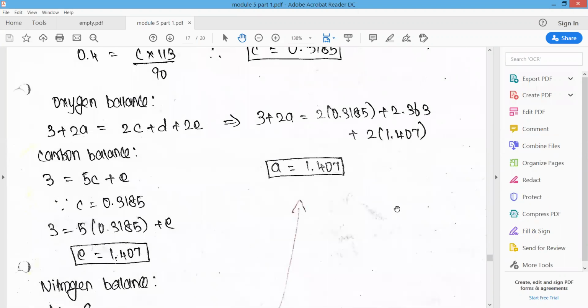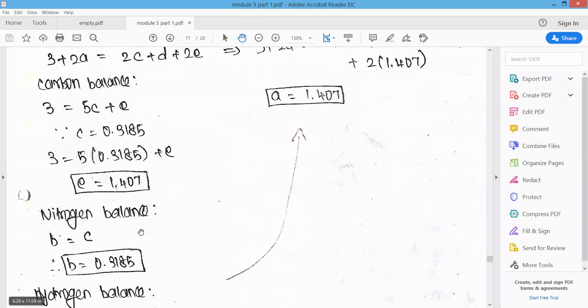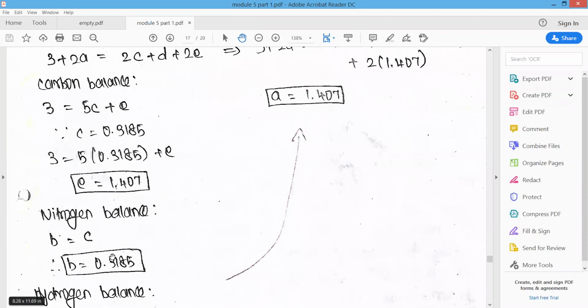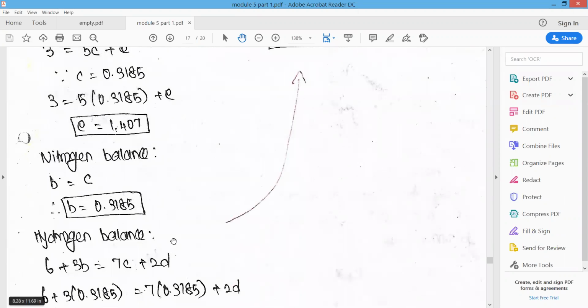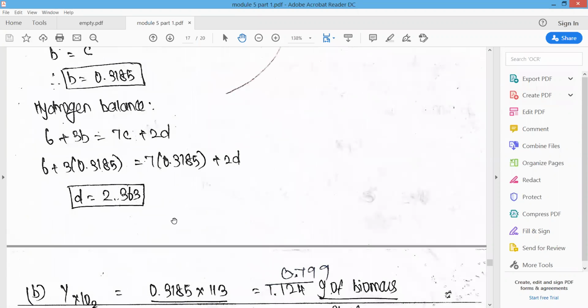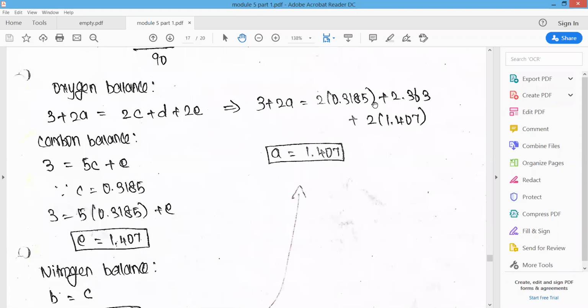In the same way, when you do the nitrogen balance, you will get the B value also, because B is equal to C. And when you go for the hydrogen balance, you will get the D value. Similarly, substitute the D value here and you will get the E value. In the same way, you will get all the values.